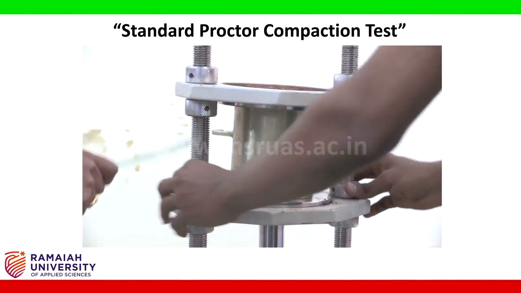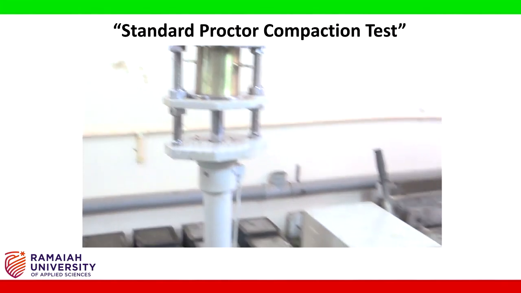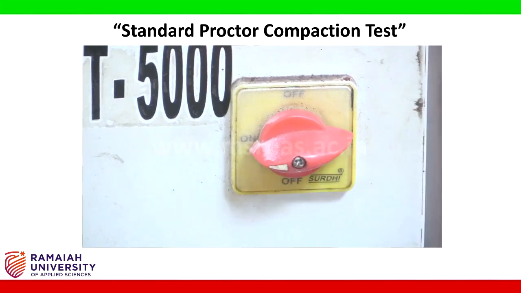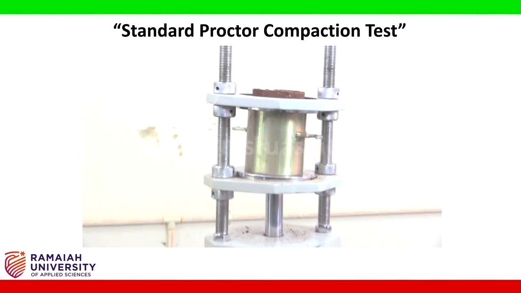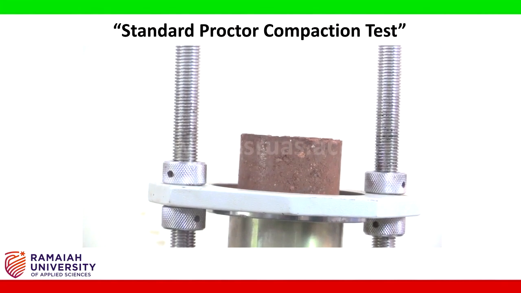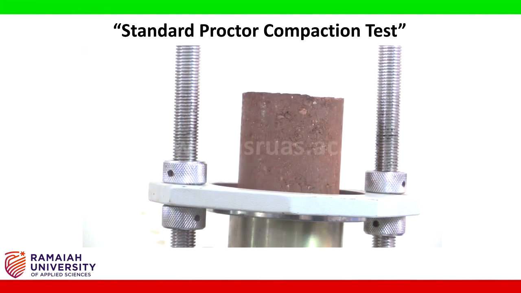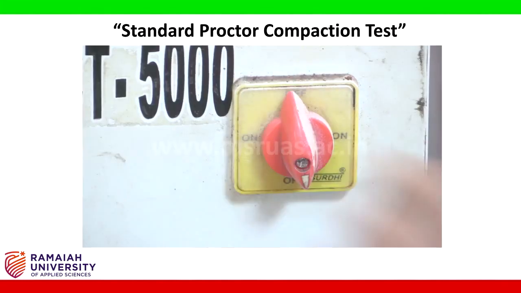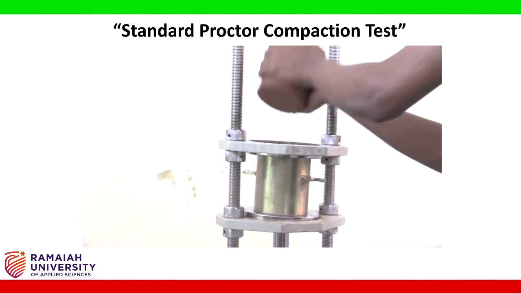After placing the sample in the sample ejector, switch on the ejector and apply the pressure. Remove the sample to the tray.